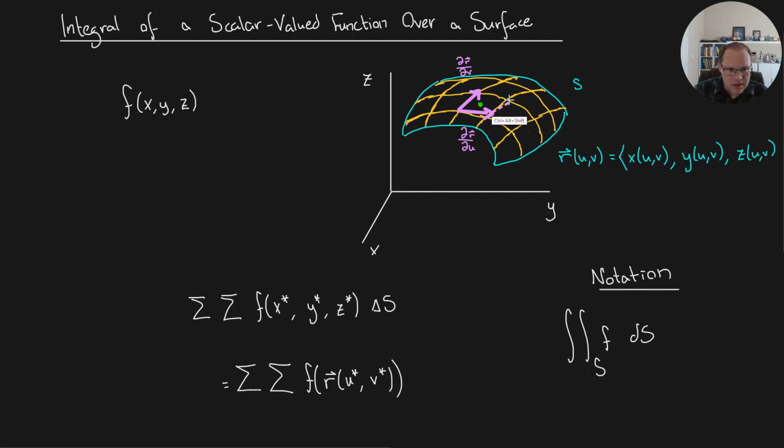I'm going to find the area of this little parallelogram spanned by these two vectors determined by our partial derivatives. Now, if you remember, that's going to be the norm of the cross product. The norm of the cross product gives me the area of the parallelogram determined by those two vectors.